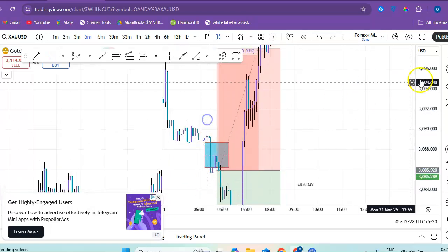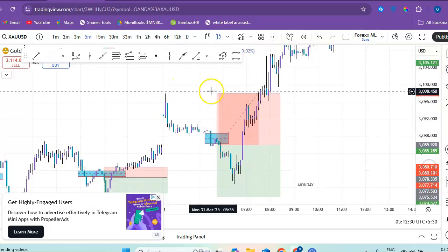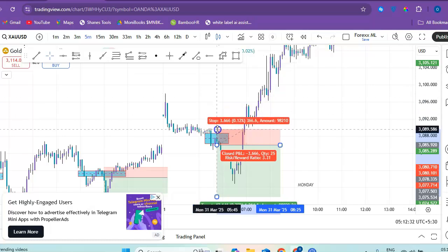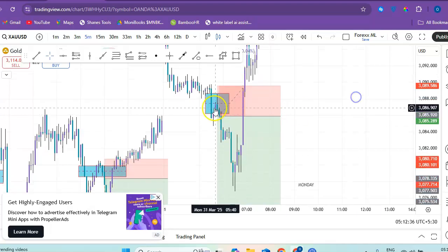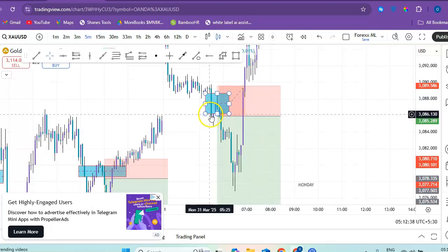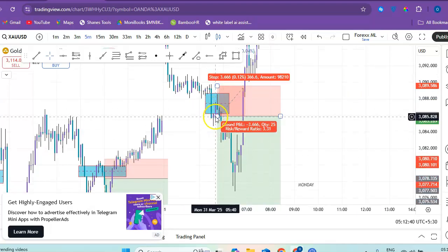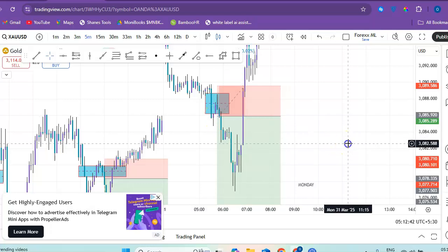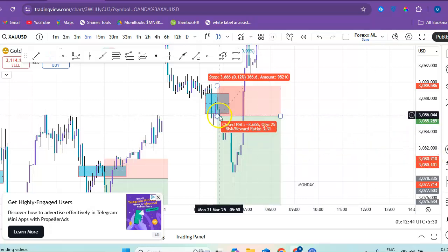Also take note that you always have to wait for the candle to close above or below the fair value gap. If the candle doesn't close below this fair value gap, I am not going to take the trade. You will find that sometimes market will come down and will create a wick and go back to the fair value gap.